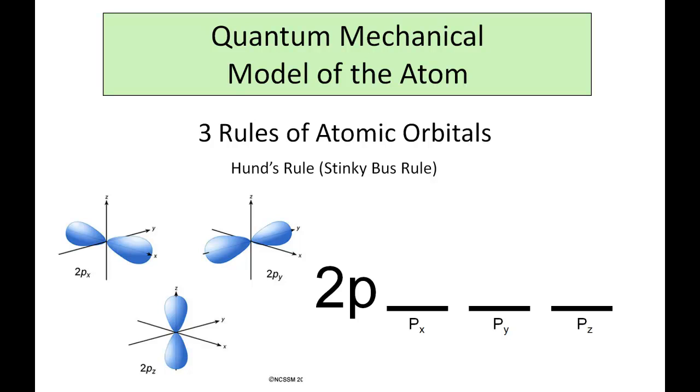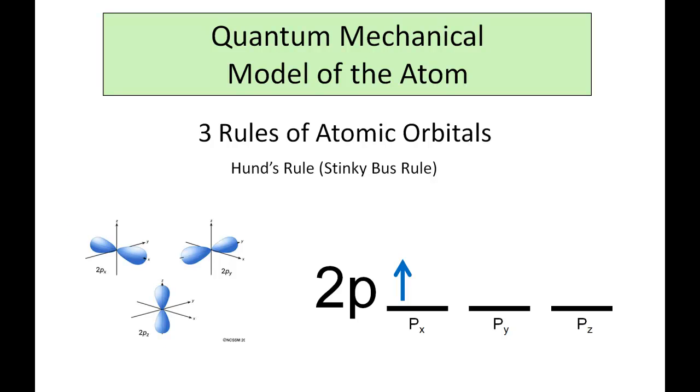The electrons will fill in this order: 1 in the px, 1 in the py, 1 in the pz. Now that they're all full, they will go down, down, and down. Notice we did not go back and pair up electrons until each equal energy orbital already had an electron in it.